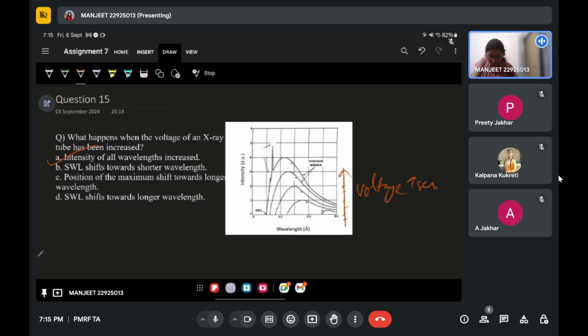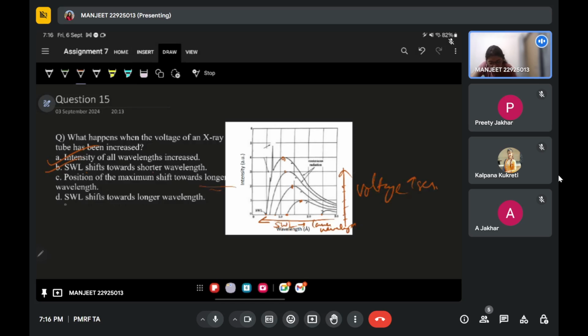In the B part, the SWL shifts toward the shorter wavelength. For this voltage it is here, for this one here, and so on. With increasing voltage, this SWL moves toward the lower wavelength, so B is also correct. In the C part, the position of the maximum shifts toward the longer wavelength?